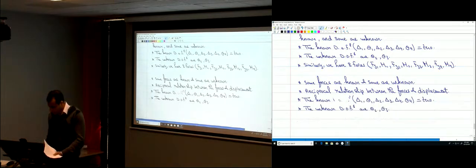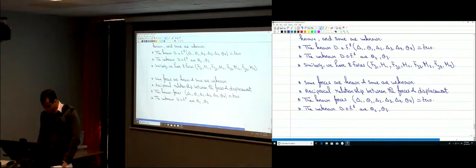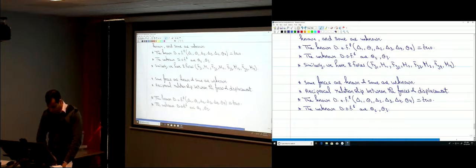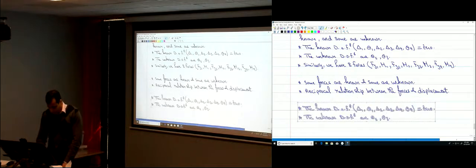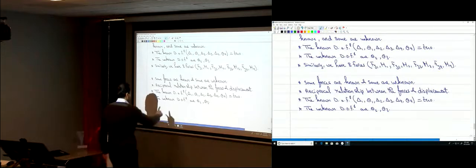So the unknown forces will be the opposite of the unknown degrees of freedom. So let me undo this. Here you have the unknown degrees of freedom.